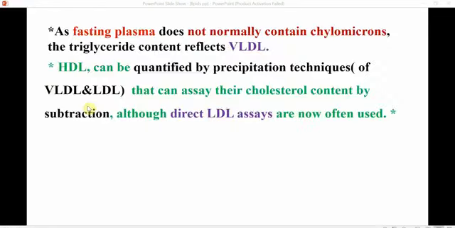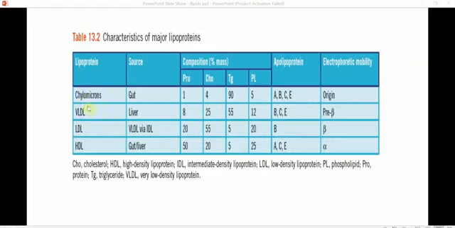As you see there, they are named by the density. Their density is determined by the ratio of their lipid content to their protein content. As the lipid content increases, the size will increase and the density will decrease.